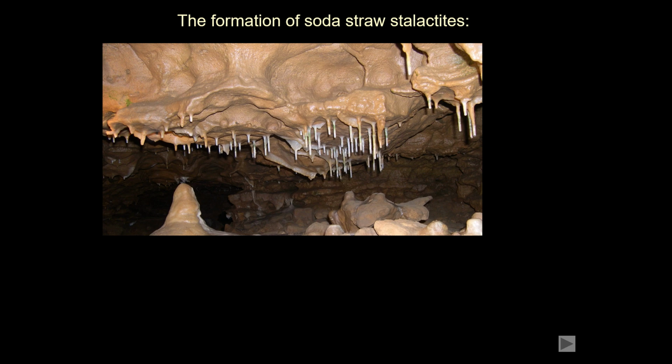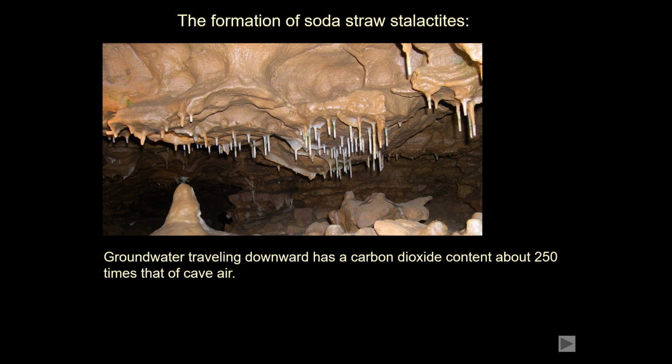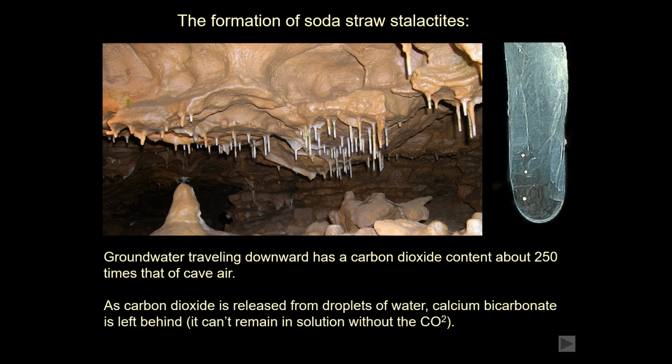These are soda straw stalactites. They're so described because they're hollow, hanging from the ceiling. Groundwater traveling downward has a carbon dioxide content of about 250 times that of cave air. As that carbon dioxide is released from droplets of water, calcium bicarbonate is left behind, so it can't remain in solution without the carbon dioxide.